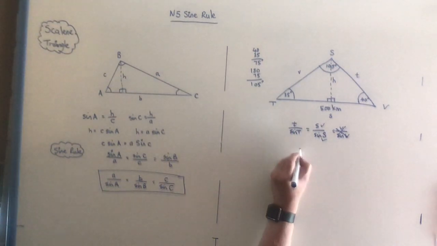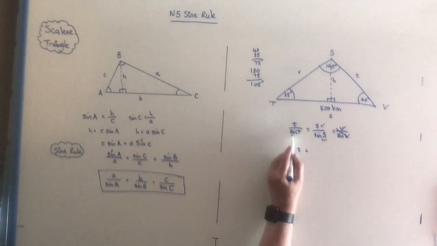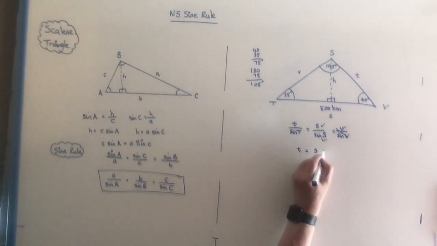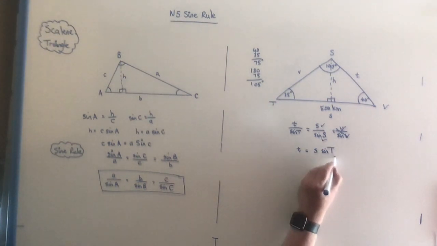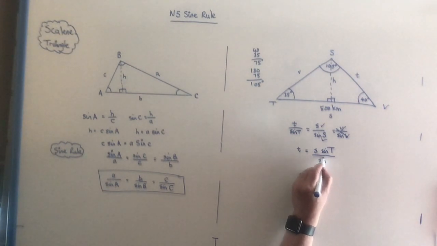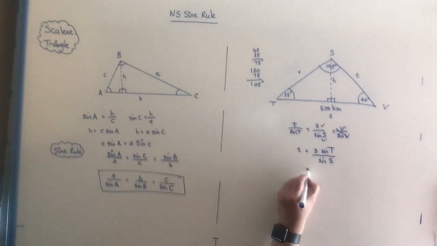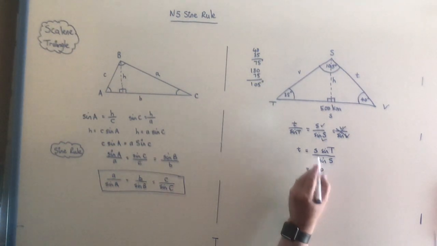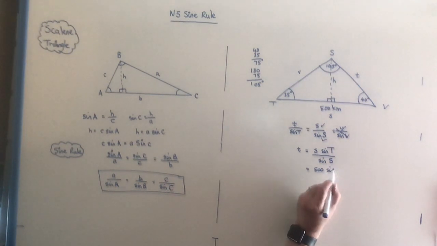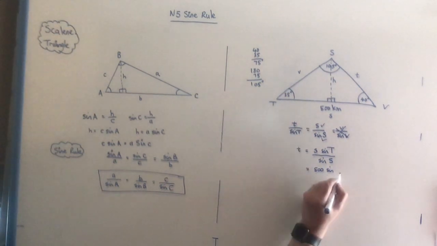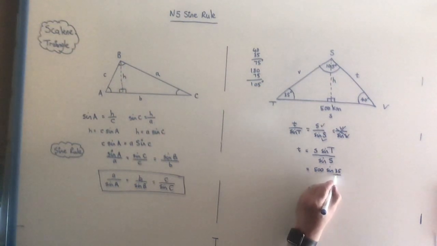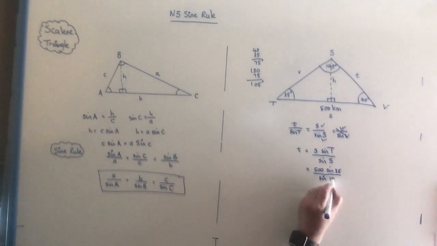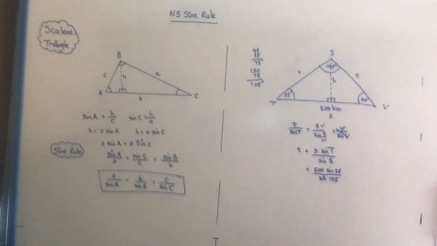So we've got small t is equal to, well, multiplying through by sine big T will give me small s sine big T over sine of big S. Plugging in my numbers, we get 500, that's small s, sine of T, well, there's angle at T here, it's 35, all over sine of big S, which is 105, and that's what we had to calculate right at the beginning.